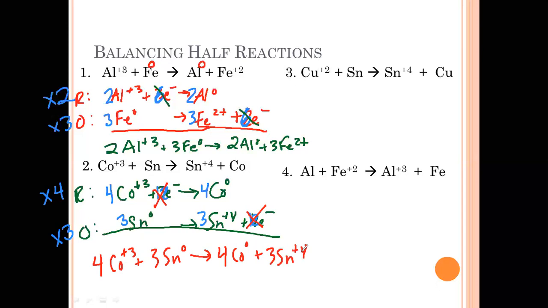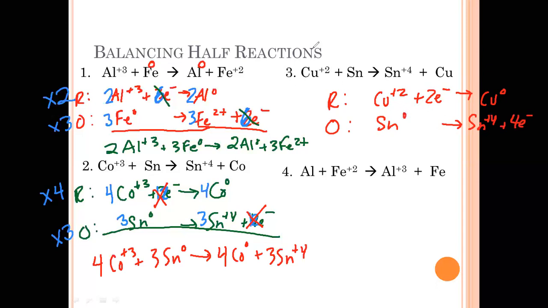Okay. All right, number 3. Reduction. So it looks like Cu gets reduced. And I'm going to add 2 electrons to the left because that's the side with the larger charge. Sn gets oxidized. And I'm going to do 4e- because it's 0 and 4.